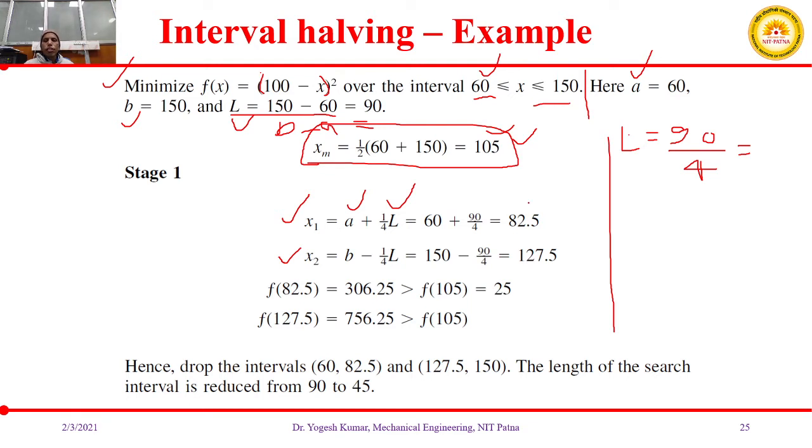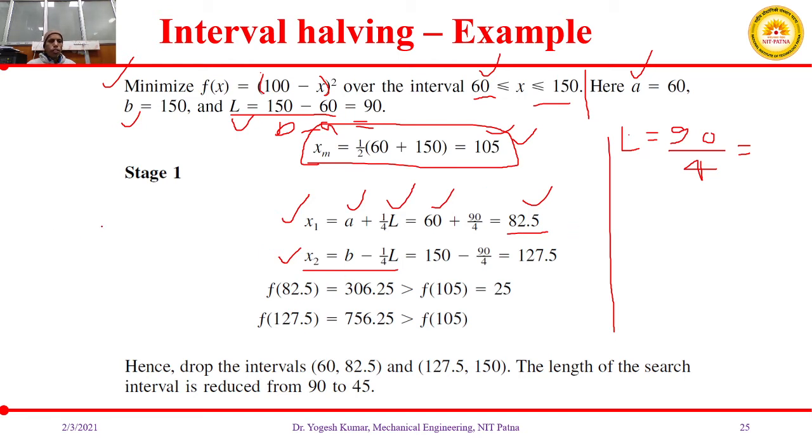Yes, correct, it is 22.5. I thought it was not equal. Okay, so the calculation is correct. So this is 22.5 plus 60, so this becomes 82.5. Similarly, we calculate the value of x2, the third point.